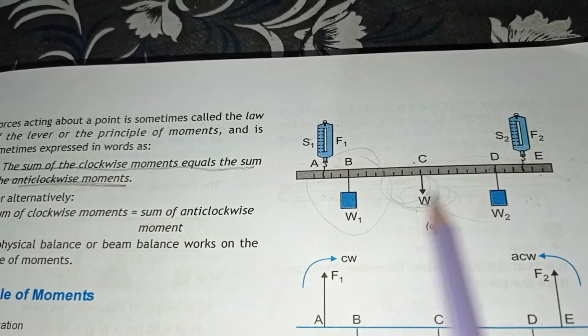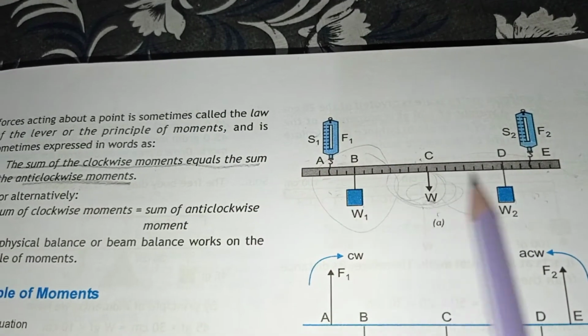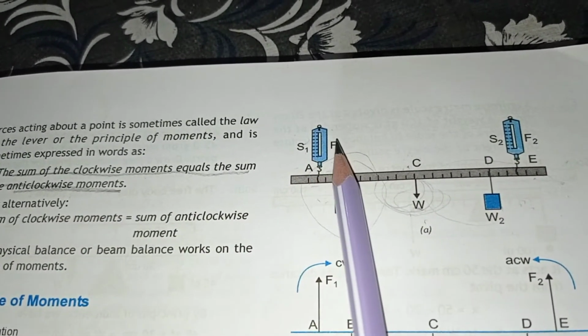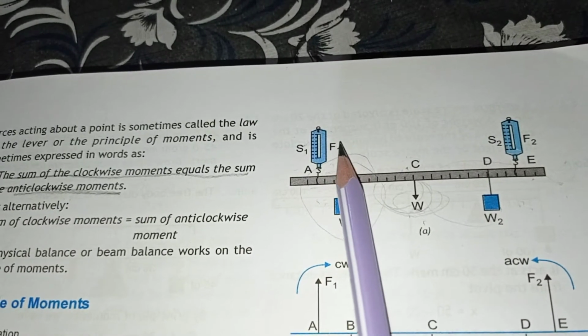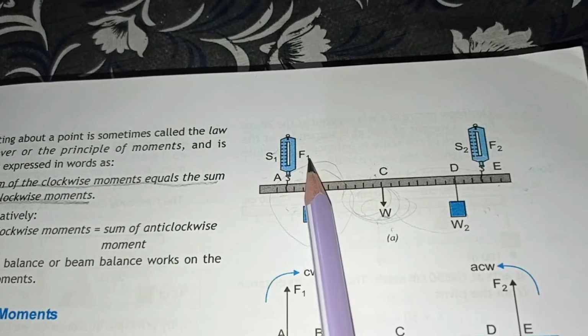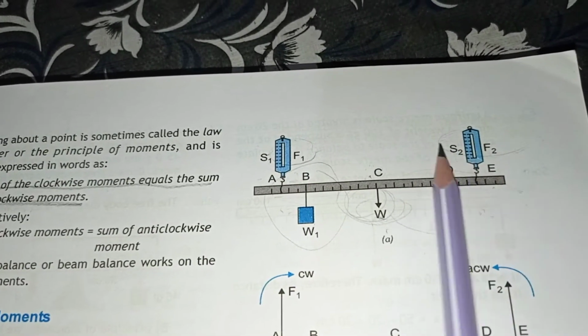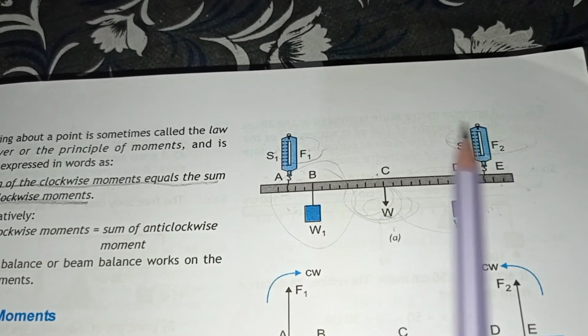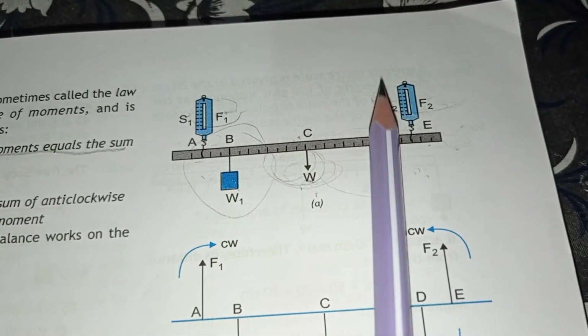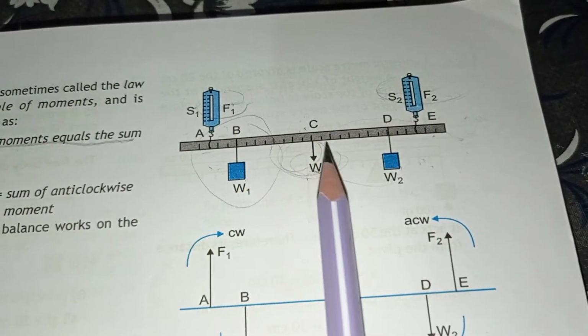It is seen that the sum of upward forces equals the sum of downward forces. What are the upward forces? Here are two upward forces, F1 and F2. If we add these two forces, F1 plus F2, the sum will be equal to the sum of the downward forces.